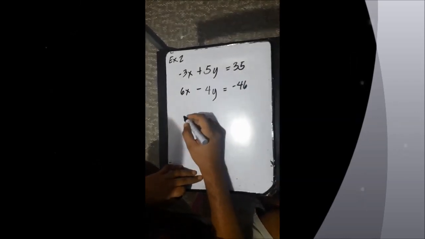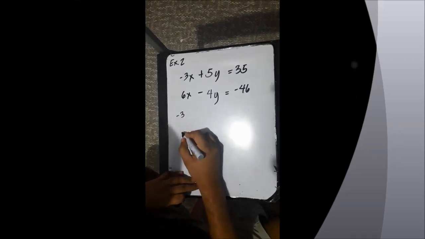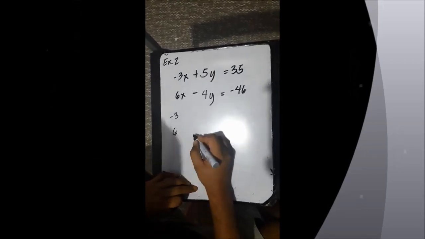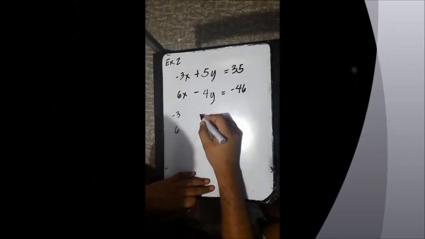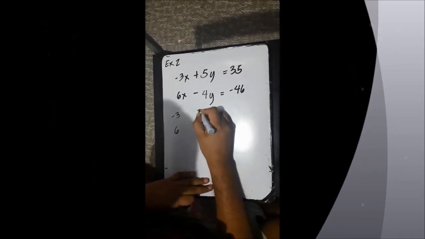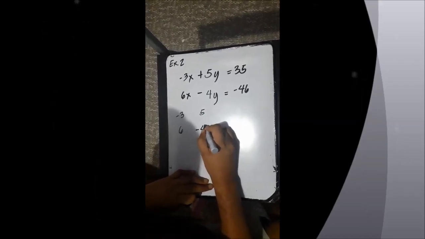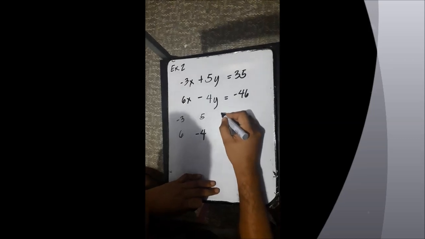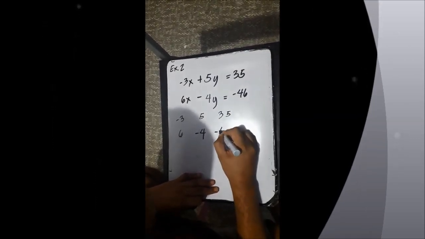So for x, I have here negative 3 for equation 1, and for equation 2 I have 6, and for the coefficients of y, I have 5 and negative 4, and the constants are 35 and negative 46.